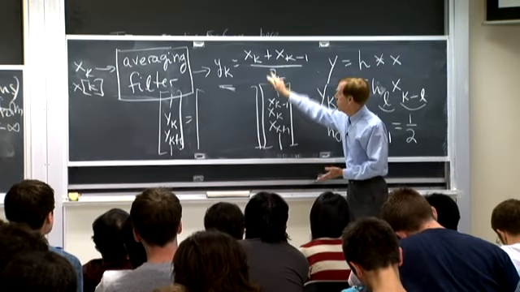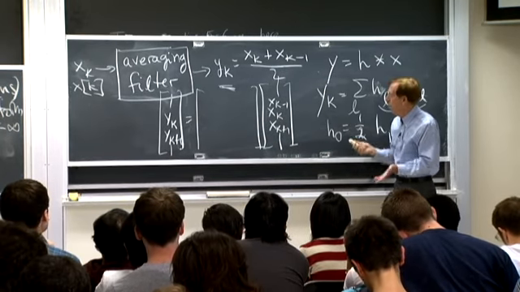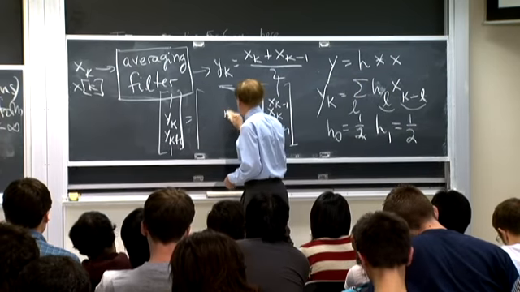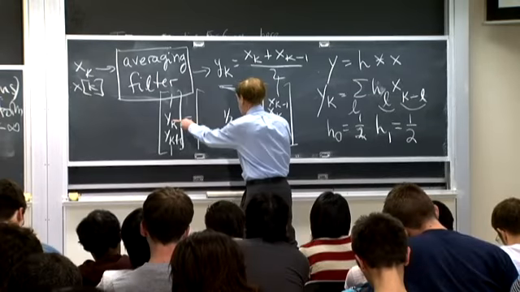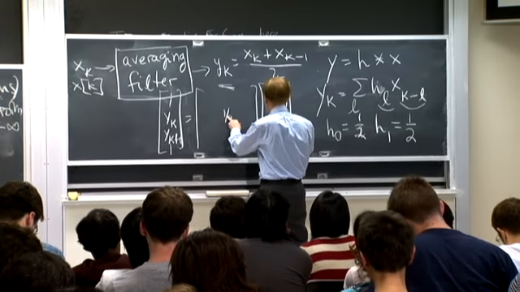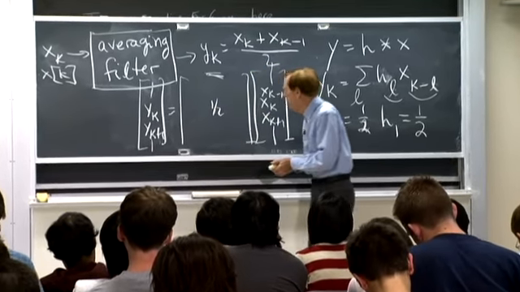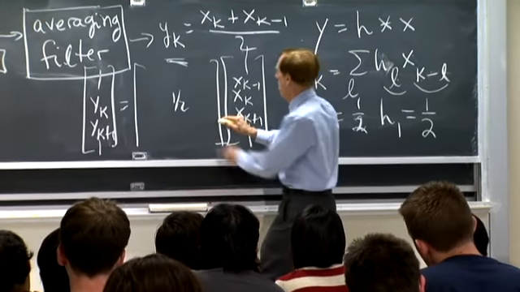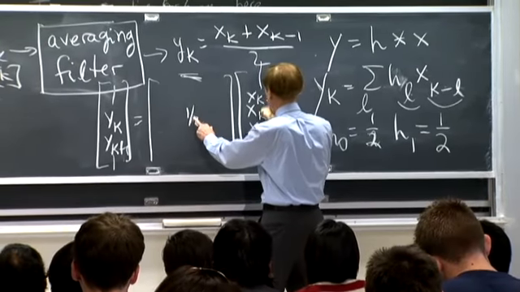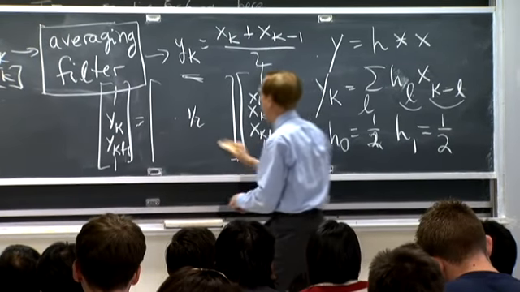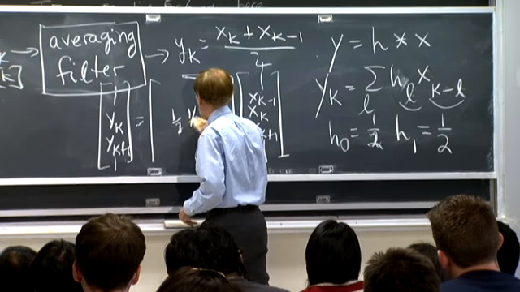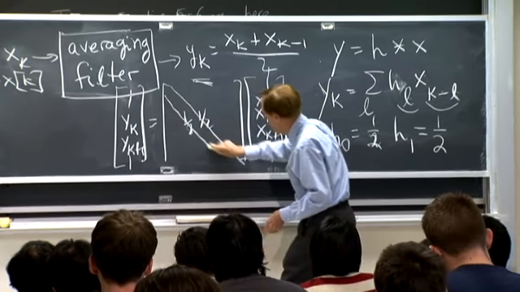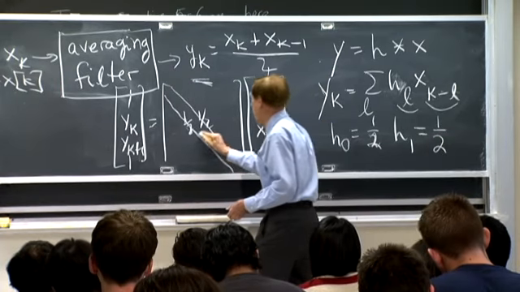And there's a matrix doing exactly that. And what does that matrix have? Well, it has 1/2 on the diagonal, so that yk will have a half of xk. And what's the other entry in that row? I want 1/2 of xk, and I want 1/2 of xk minus 1, right? So I just put a half next to it. So there's the main diagonal of the halves, and there's the subdiagonal of the halves.